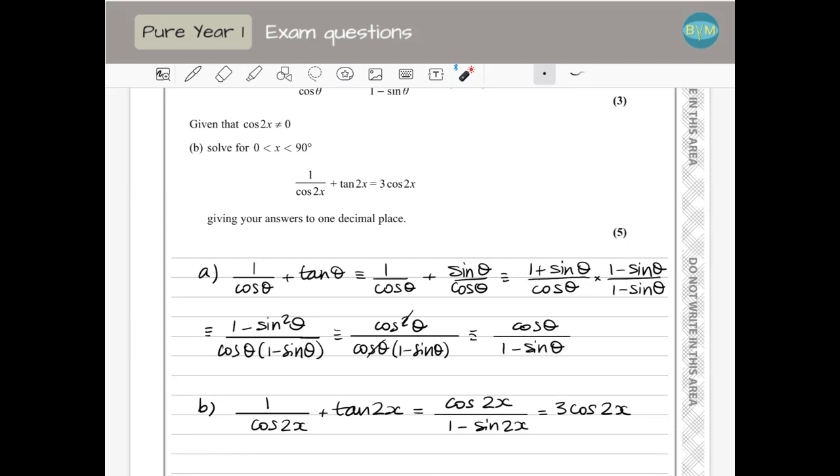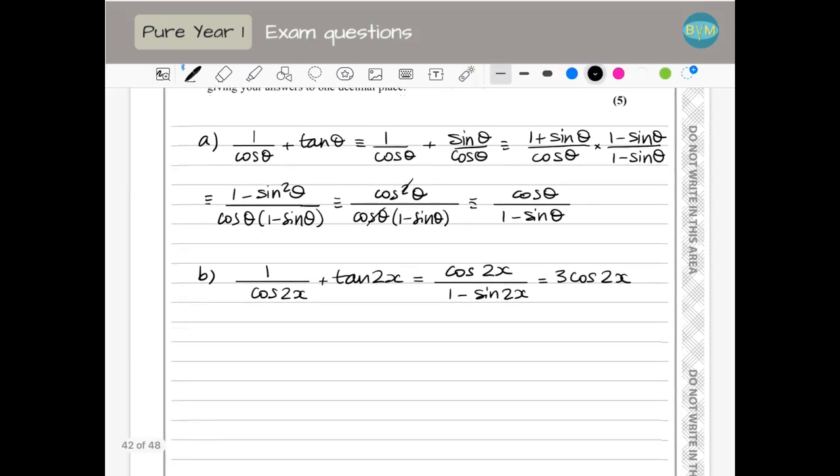I can, for example, multiply to get rid of the denominator by 1 minus sine 2x. So I have 3 cos 2x times 1 minus sine 2x.